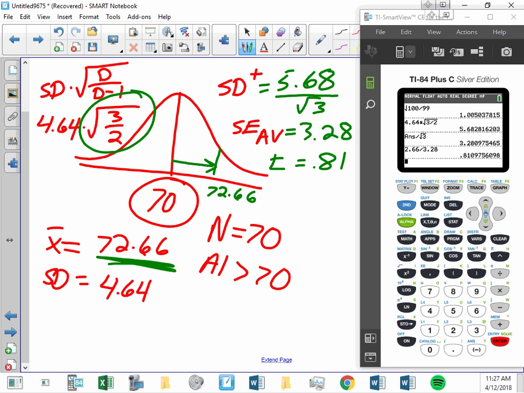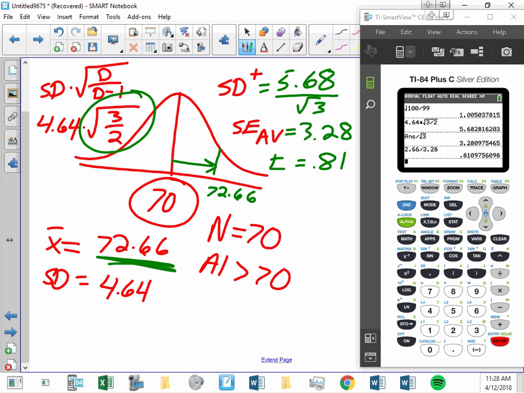So I have to go to A105. A105, degrees of freedom would be 2. So degrees of freedom 2, and I need to find 0.81, which is 25%, really close to 25%. Do we accept the null or reject the null?